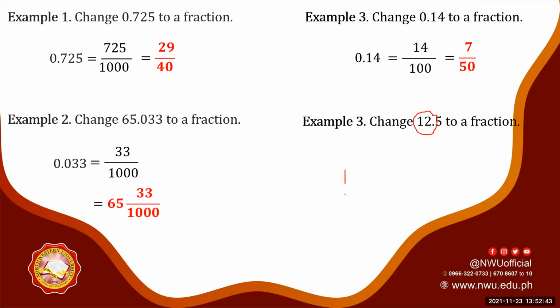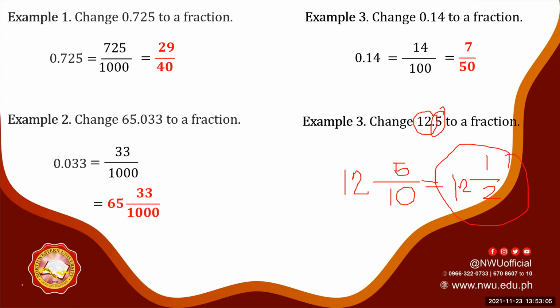That means that you will have a whole number, meaning it is a mixed fraction. So that's 5. And since it has only one place value, you will just write 1, 0. But 5 over 10 is 1/2. Therefore, your final answer is 12 and 1/2.